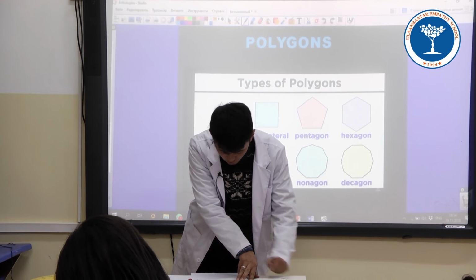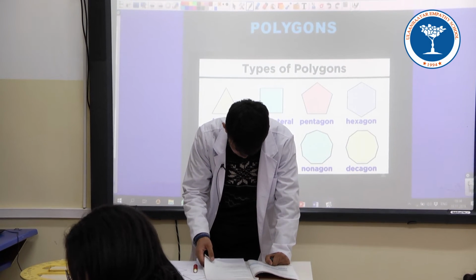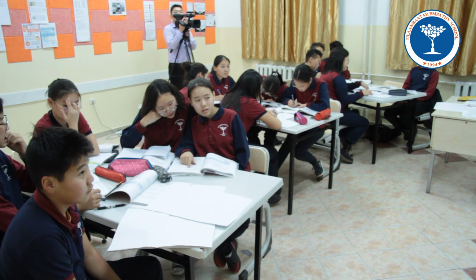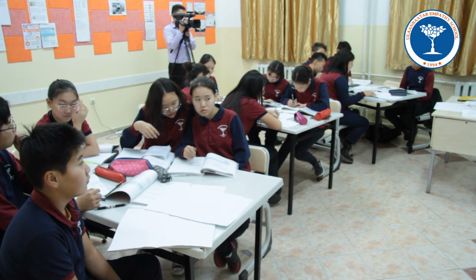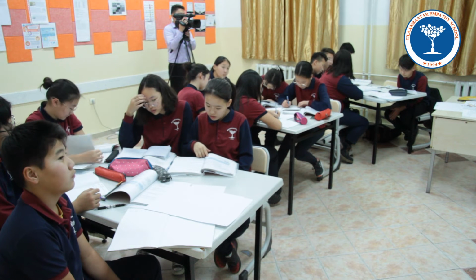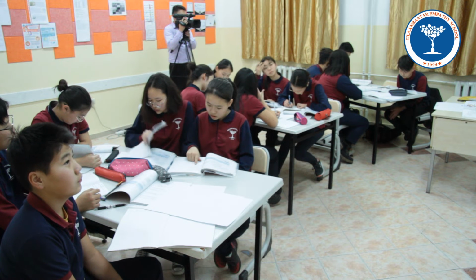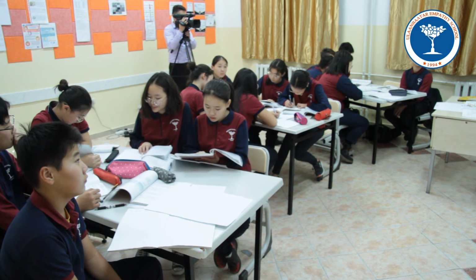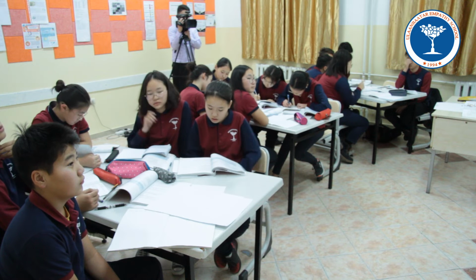Now, let's work on question 8. Three identical regular polygons are put together at one point. Okay? So, let's clear this out.